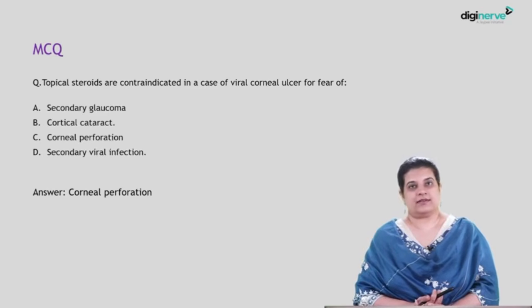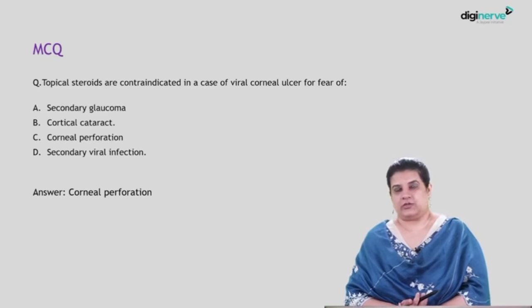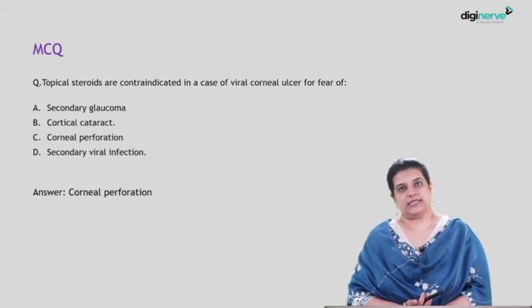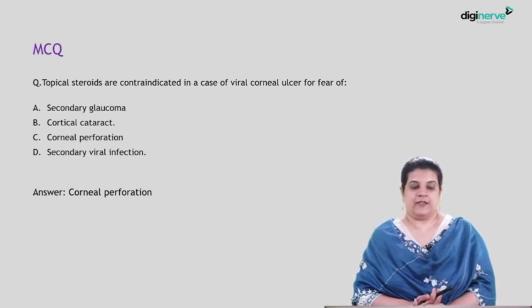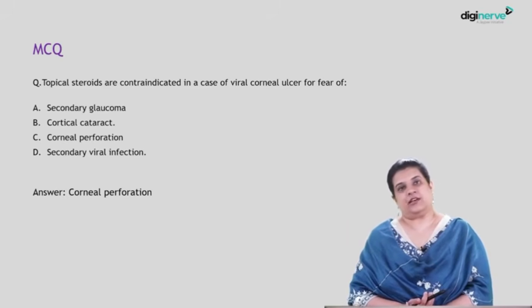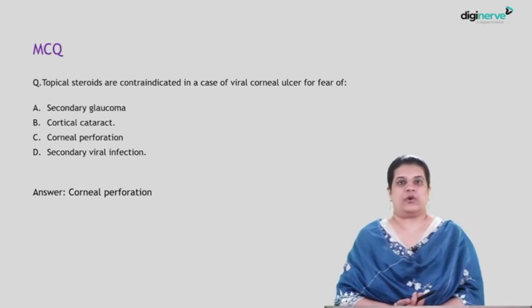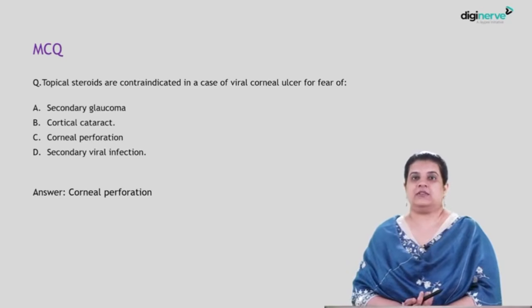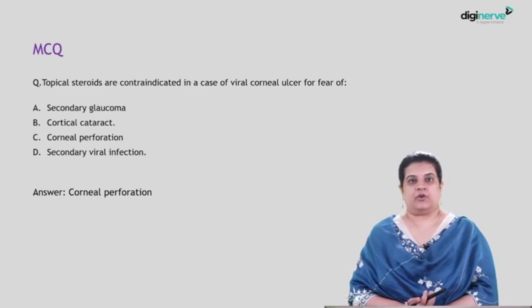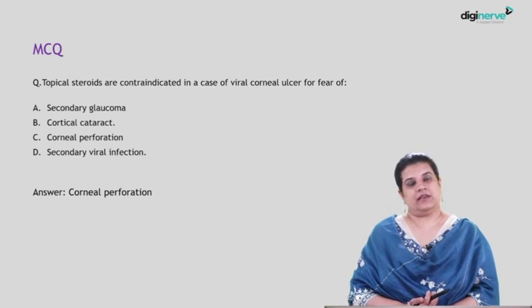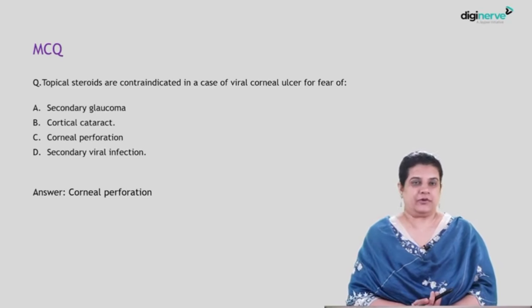Cortical cataract is usually not caused by steroids. Steroids are known to cause posterior subcapsular cataract. Secondary viral infection is not the answer, as in most cases we are giving topical steroids along with coverage of oral antivirals. So the answer is corneal perforation, because steroids thin out the cornea further and predispose the eye to corneal perforation.